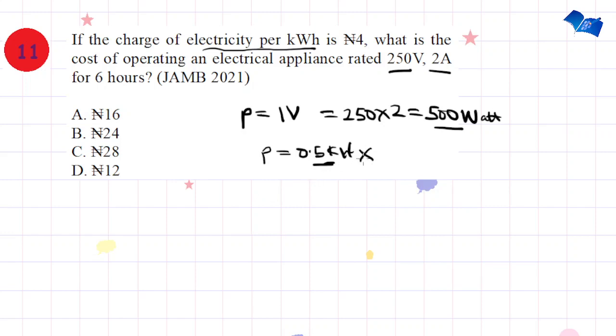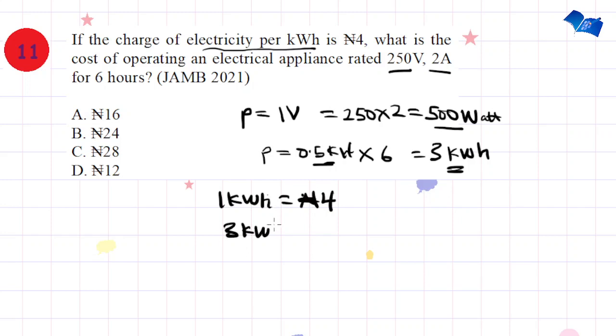Multiply this by the 6 hours, you now get 3 kilowatt hour. We are told that 1 kilowatt hour costs 4 naira, and I'm being asked the cost of operating this. So if 1 kilowatt hour is equal to 4 naira, then 3 kilowatt hour will cost 12 naira.